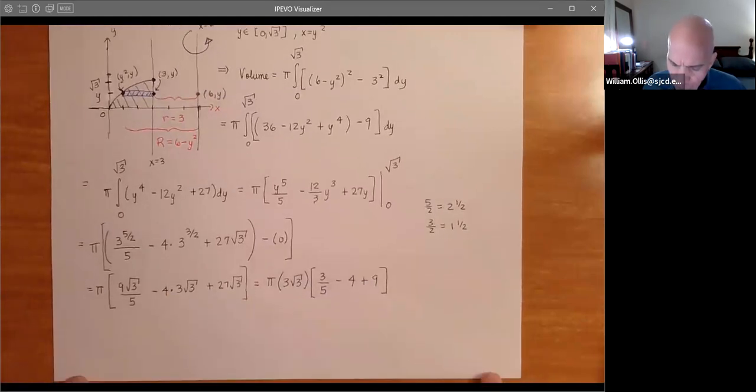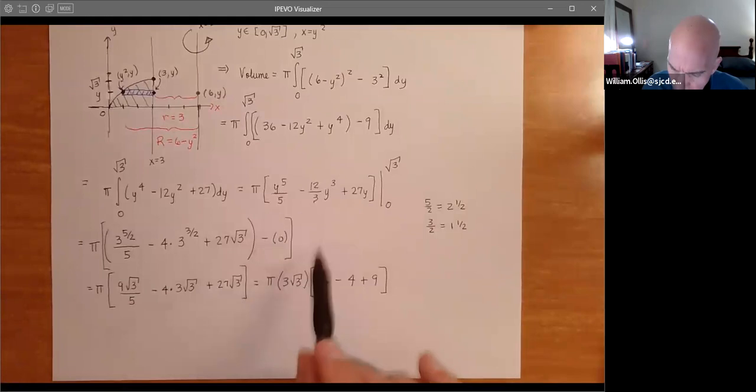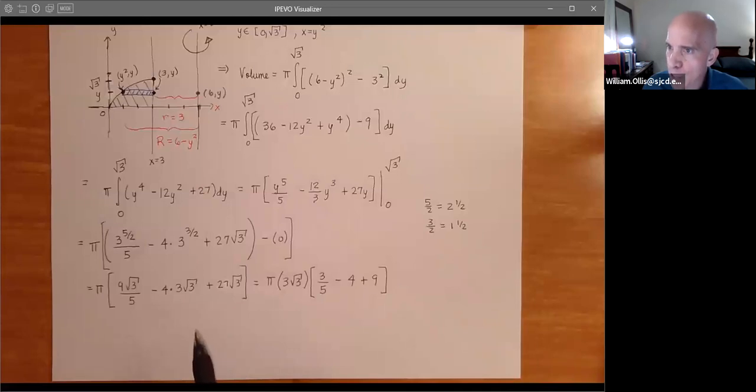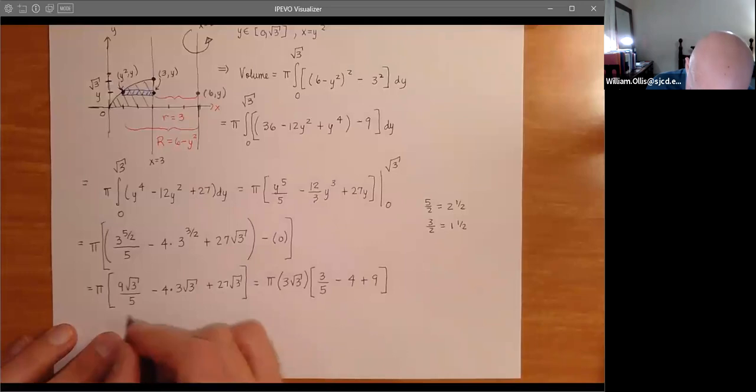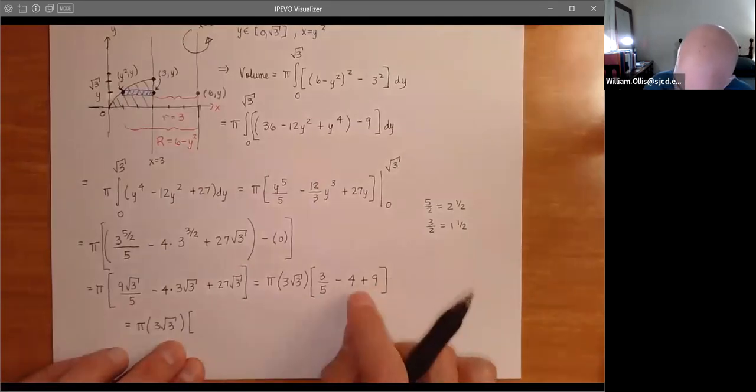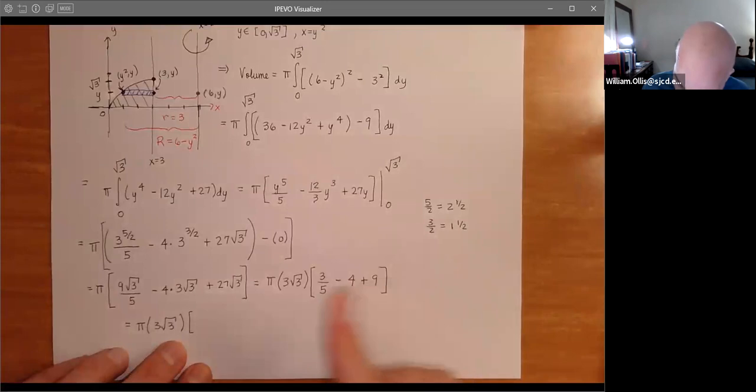So I think at this point, this again is calculus 1. Maybe you did some work with the fractional powers in Cal 1. I'm sure you did. And so now we can simplify this. So we have pi 3 root 3. So of course the negative 4 plus the 9 is a 5.